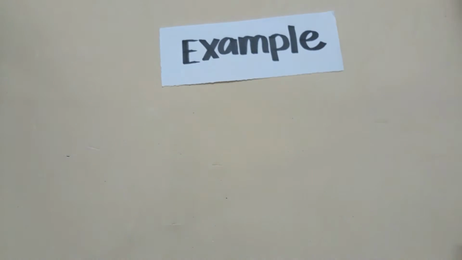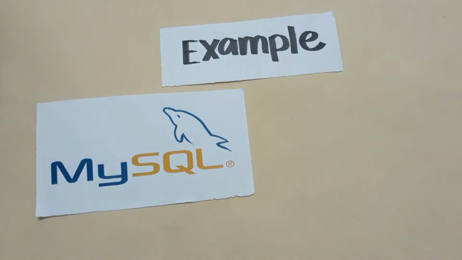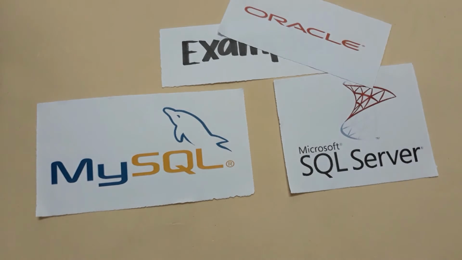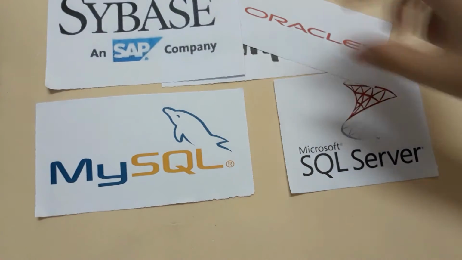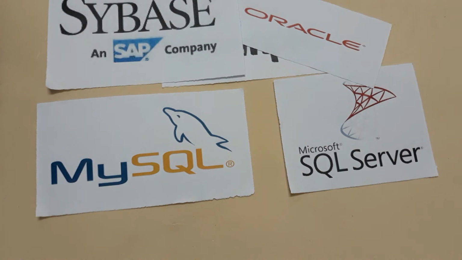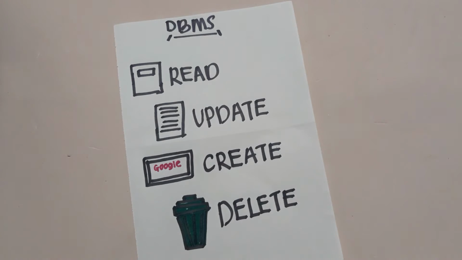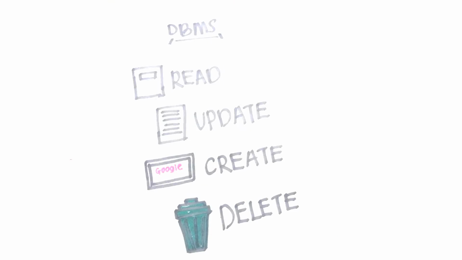A few examples of database software are MySQL, Oracle Database, Microsoft SQL Server, and Sybase. The DBMS provides users and programmers a systematic way to read, update, create, and delete data.